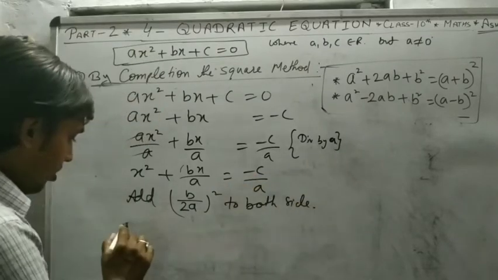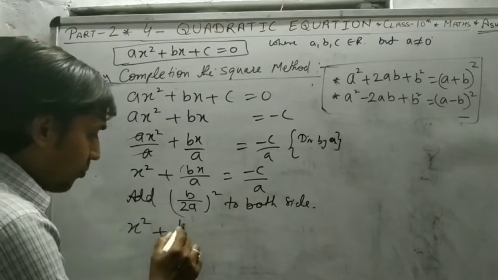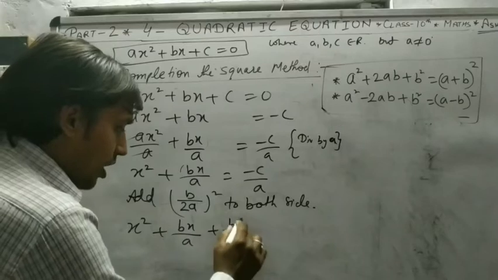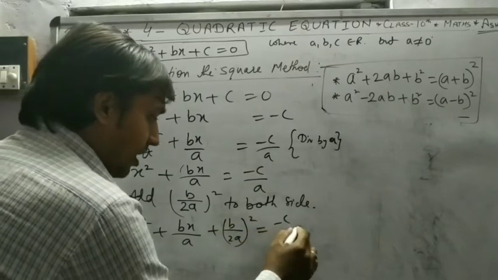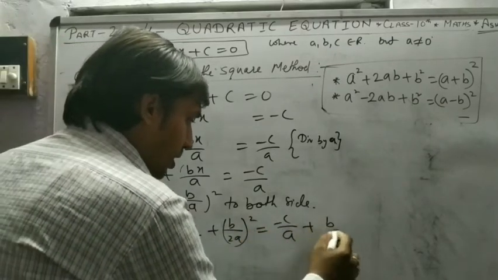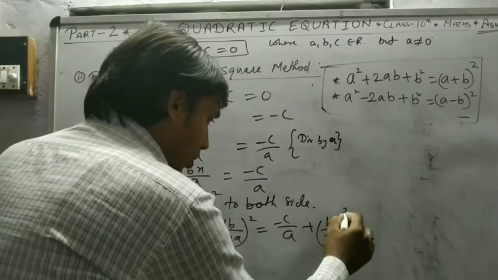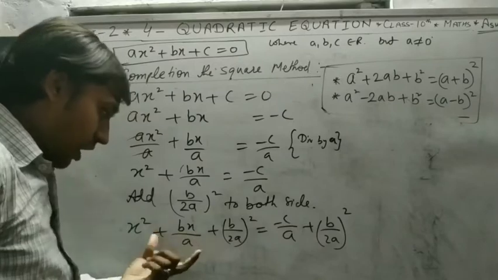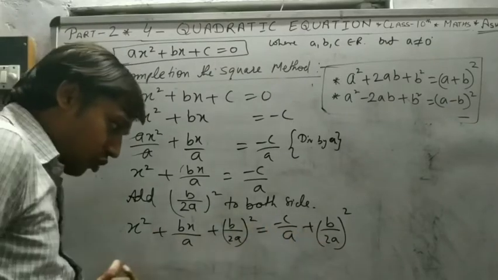So what do you get? x square plus bx upon a plus (b upon 2a) whole square equals minus c by a plus (b upon 2a) whole square. Okay. So here (b upon 2a) whole square is added to both sides.